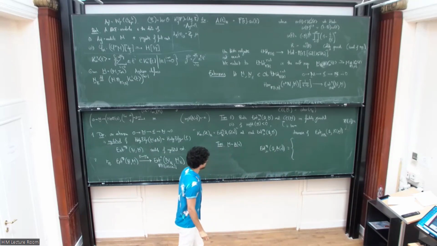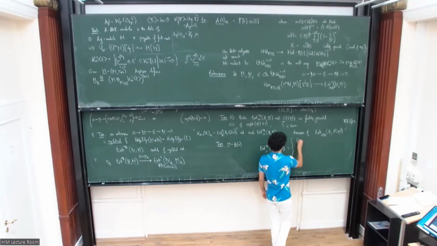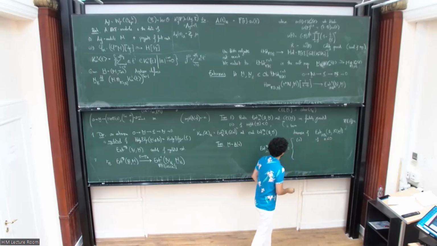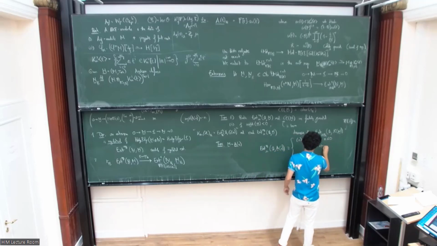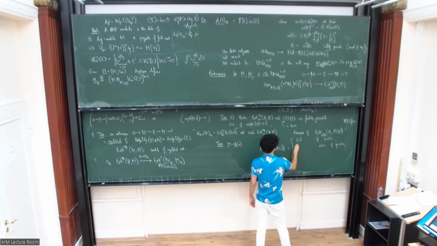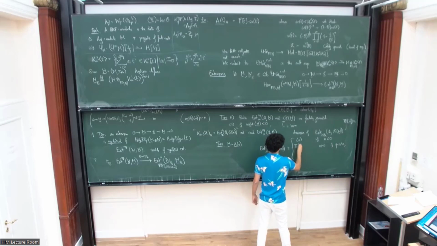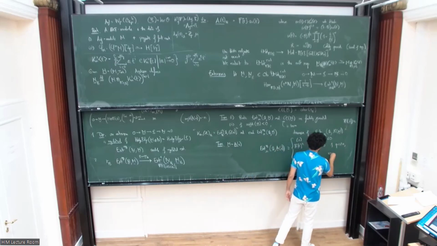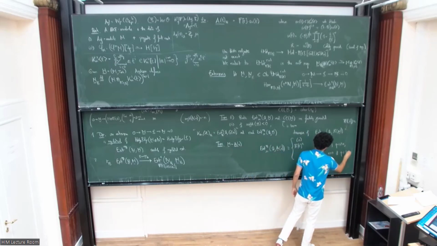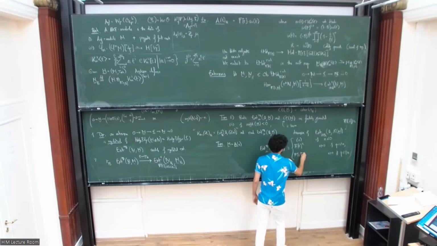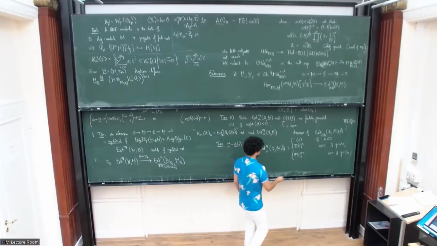First of all, if n is negative, this is 0. Now for positive n, if q minus 1 does not divide n, then this is actually free of rank n. If n is positive and q minus 1 divides n, then this will be of rank n minus 1, and there will be extra torsion.